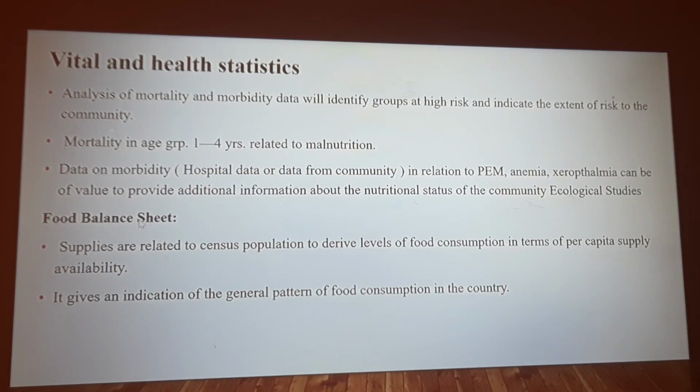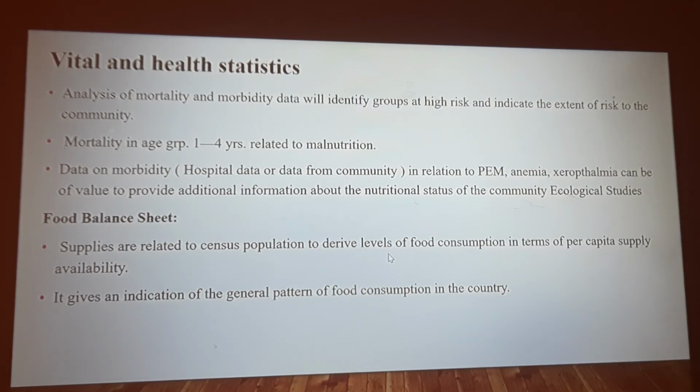The next one is the food balance sheet. Food balance sheet supplies are related to census population to derive the level of food consumption in terms of per capita supply available.